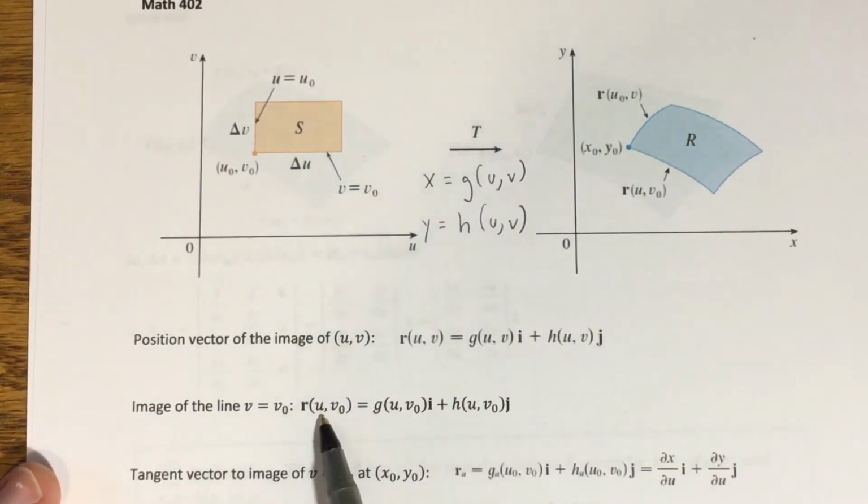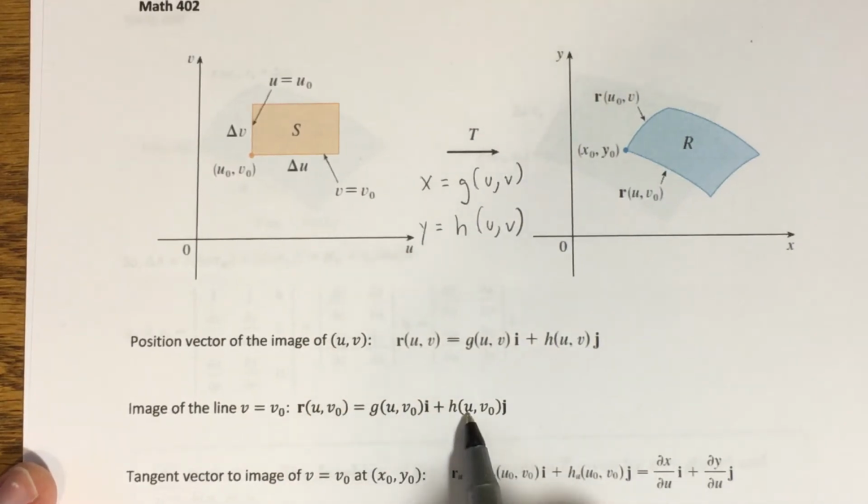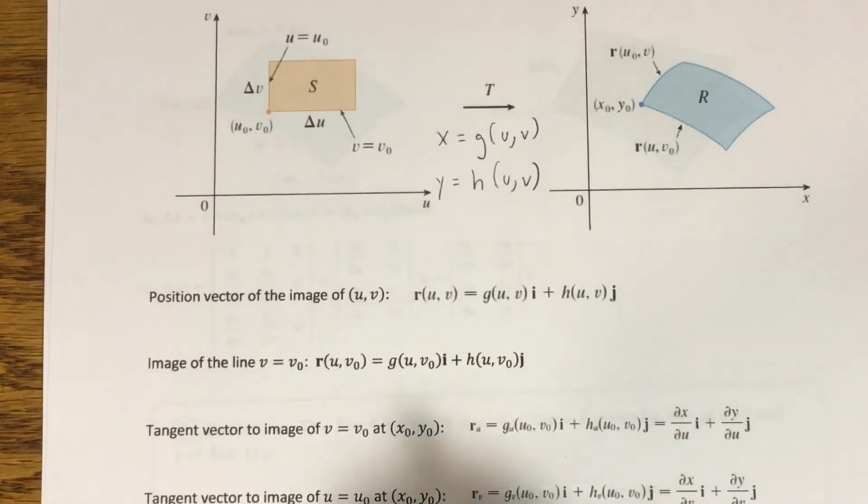Now, an important thing to point out about this vector function, like I just said, v0 is a constant, and vector functions we usually think of their input as being a single parameter. So in a sense, they're single variable functions with vectors as outputs. The variable in this case would be u, since v0 is being held constant.